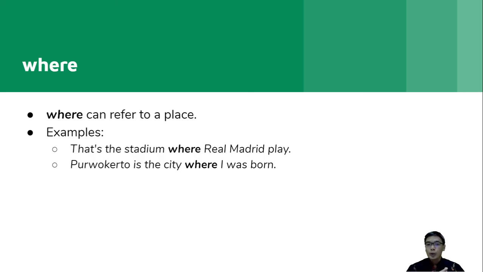Can we use who? No, it is not a person. Can we use which? No, it is not a thing. Remember, we are talking about the thing as a place. Can we use when? No, because it is not about the time. That's why we use where, the place.